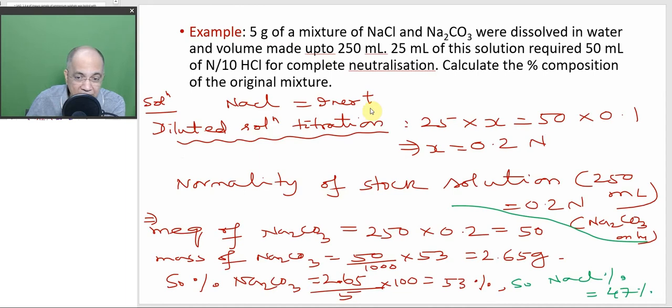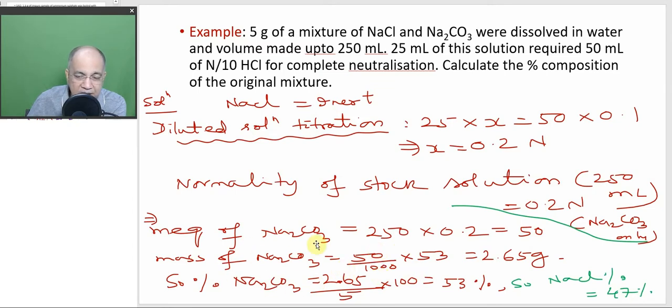NaCl is inert here. So the diluted solution V1N1, V2N2, X is coming 0.2, and that is the normality of the entire stock, 250. So 250 into 0.2, that is 50, is the milliequivalent of the hero, I mean the active component, that is sodium carbonate. And mass of sodium carbonate, thus, 50 milli into 53.